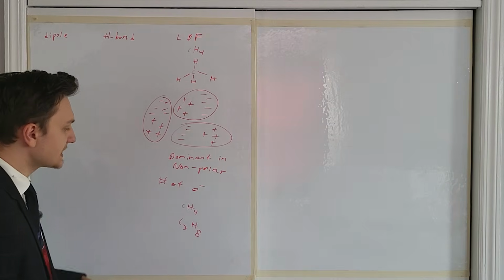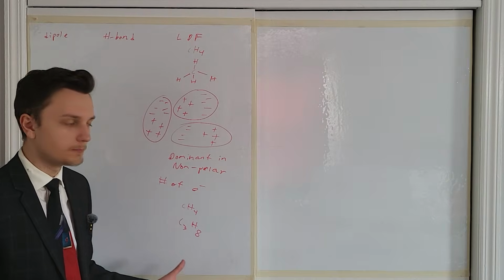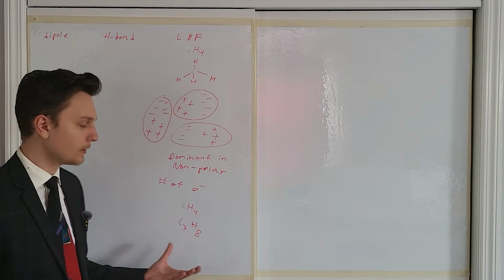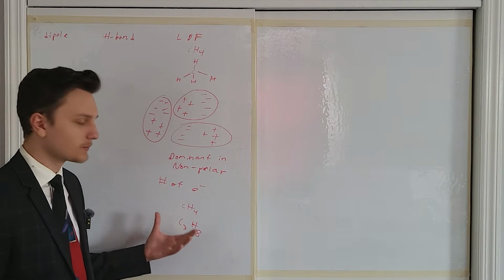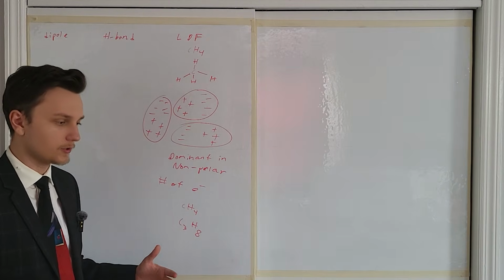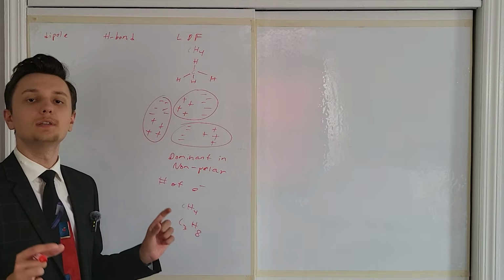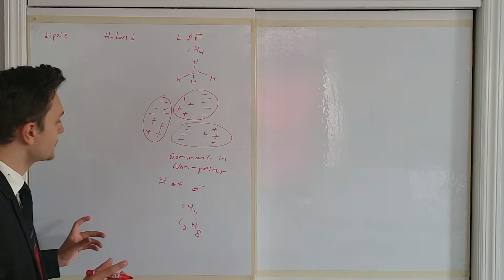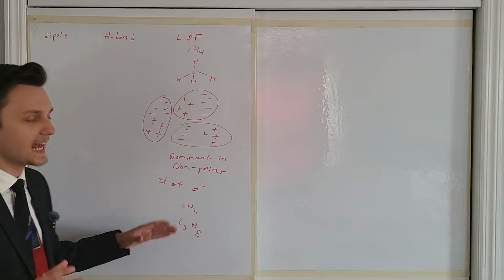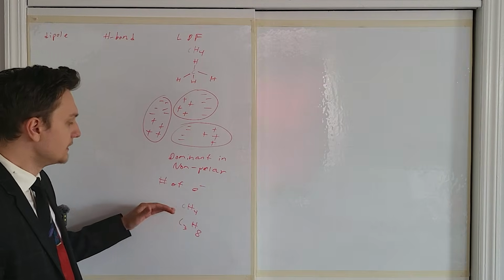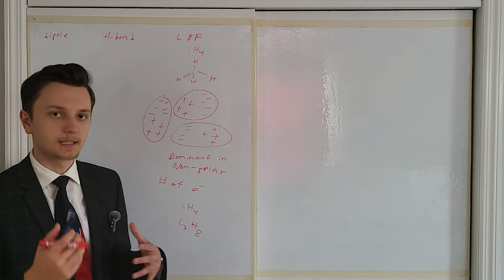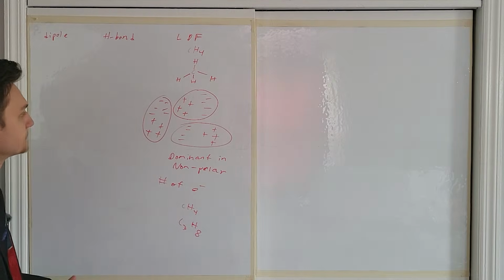The same atoms, the same types of bonds, we're still dealing with CH bonds in both, except one has more atoms. Since it has more atoms, it has access to more electrons, and so the language you're going to be expected to use on your chemistry exam is that propane has a more polarizable electron cloud than methane. That's the language they're going to expect you to use.